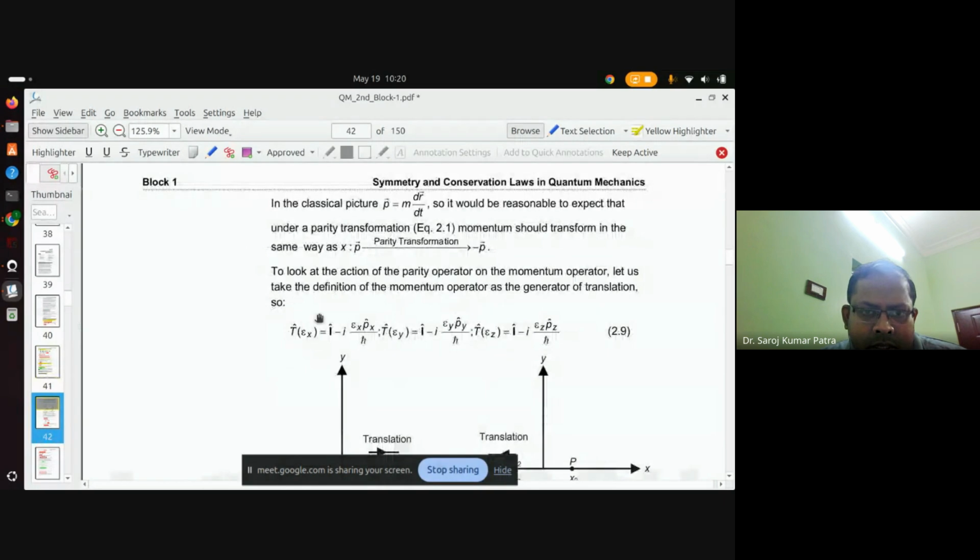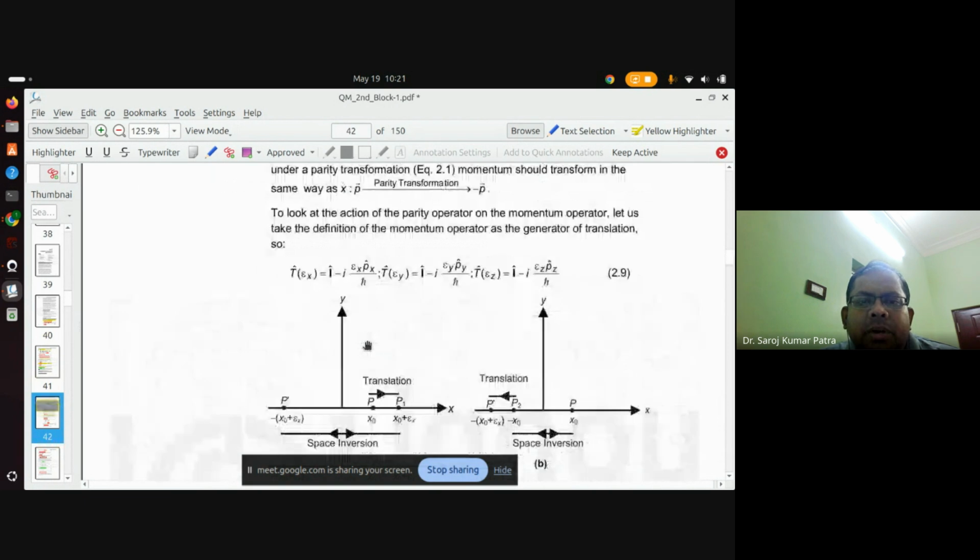So if I recall my translation operator T, T is equal to I cap minus i epsilon x px by h cross. Now what will happen if I operate parity? px will become minus px, py will become minus py, and pz will become minus pz.